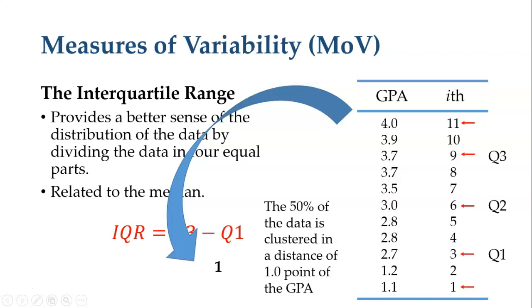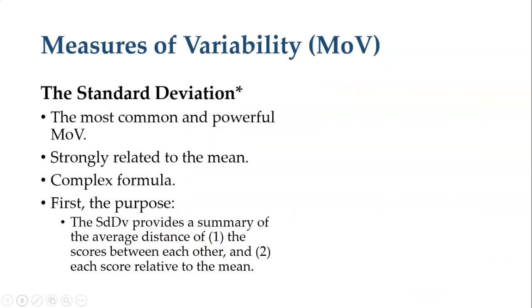So it's a more powerful measure of variability. But the most important measure of variability is actually the standard deviation. The standard deviation together with the mean are two cornerstones of all the mathematical and powerful statistical analysis, and they are used in all other advanced statistical methods.